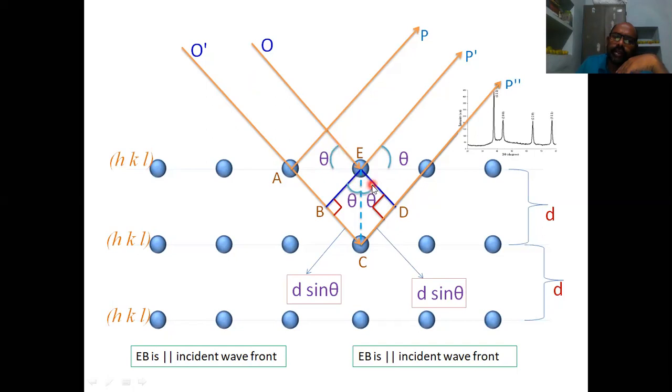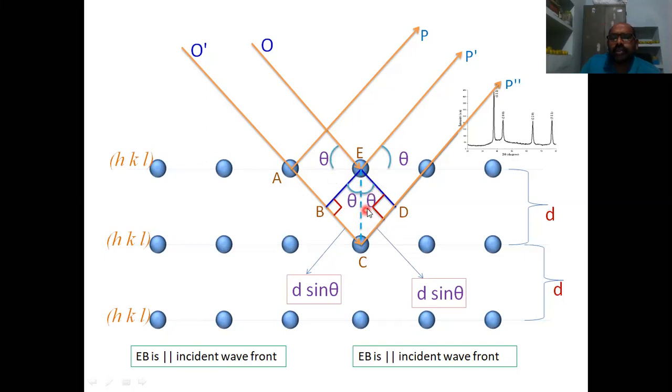This angle is 90, so out of 180, 90 is there, theta is there, and the remaining one is 90 minus theta.